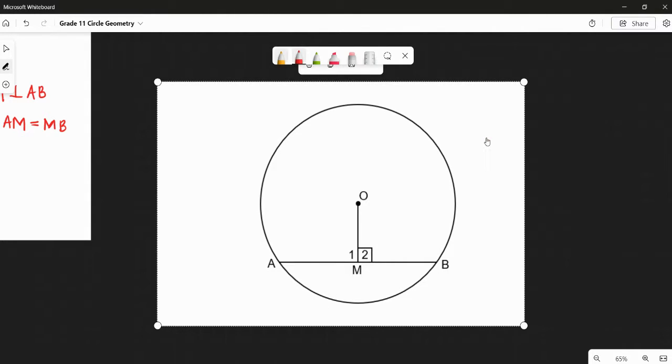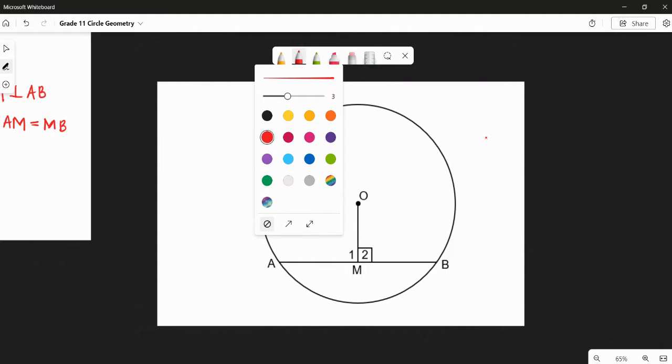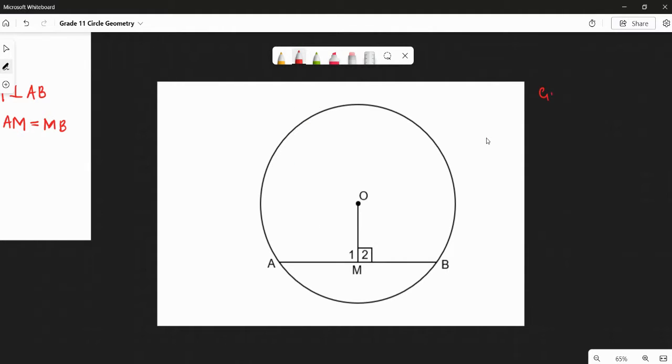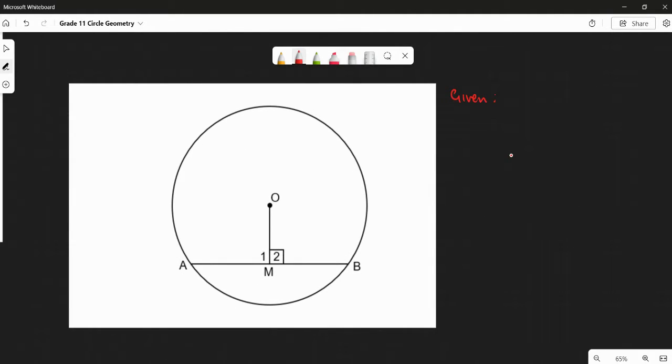We're given a circle, O is the center of the circle, with OM perpendicular to AB.